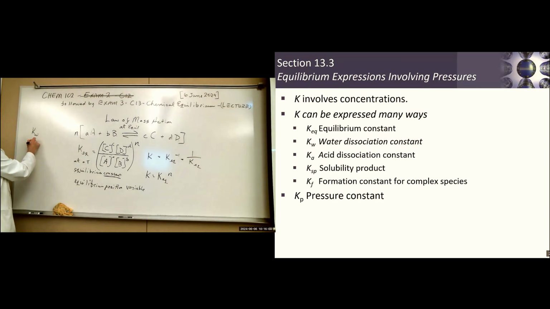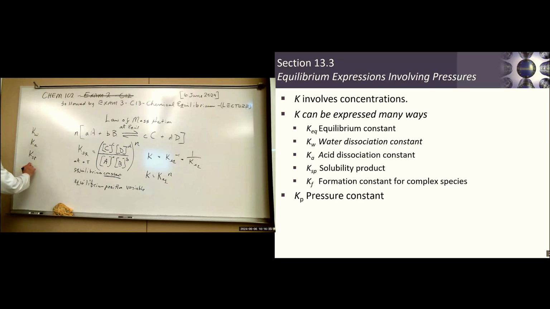If you have an acid that undergoes dissociation, and we'll talk about that one in 14 and 15, then that's what Ka means. It's an acid dissociation constant. You can have a solubility product, and we'll get to that in chapter 16. We'll talk about solubility products. That's what that one means.